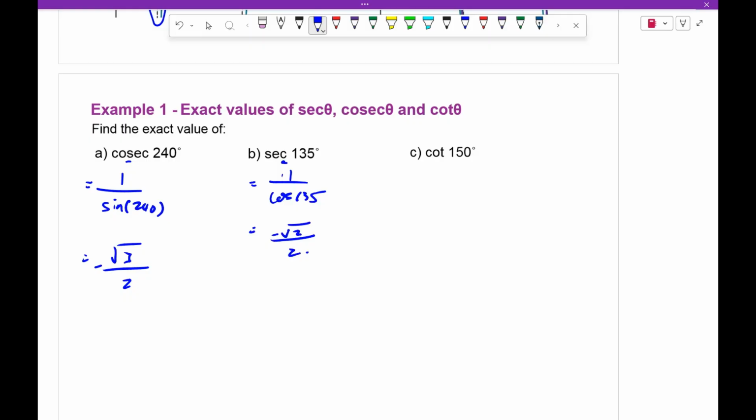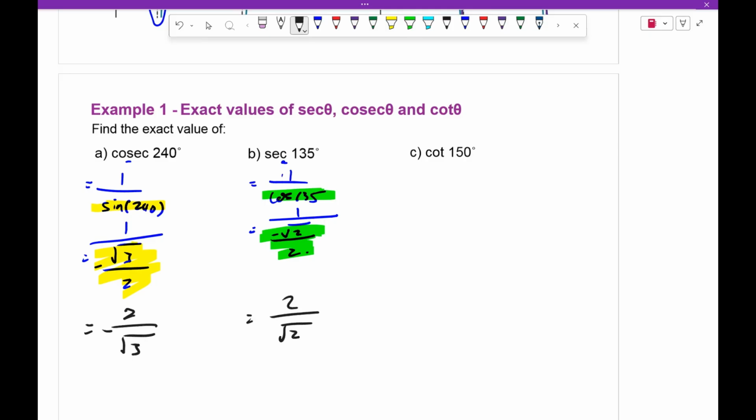Oh, sorry, whatever I've said, it should be 1 over and 1 over. 我想到的是它的 sine 是等于 sorry, this part is the same as this, and this part is the same as this. So 真正的 answer 应该是 2 over square root of 3, and this one should be 2 over square root of 2 negative.